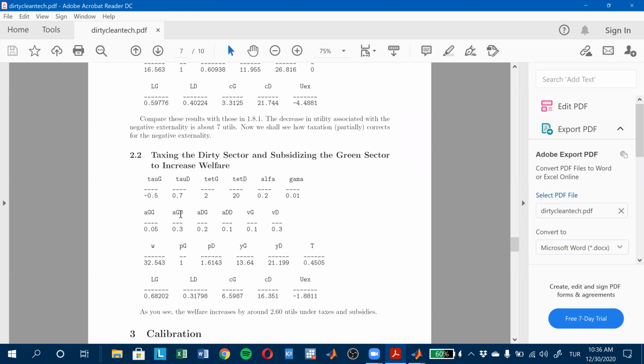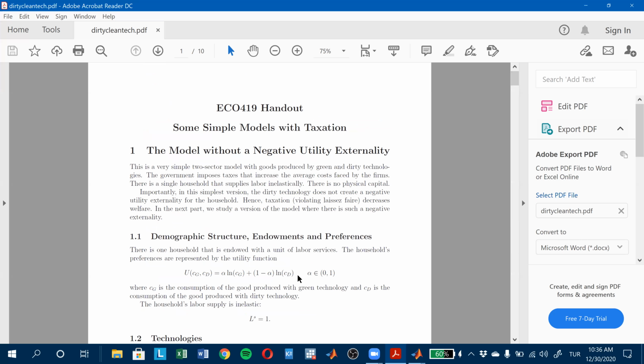The important part is that with externality, government involvement is necessary to increase welfare, right? Because now government is moving the economy from the third best to second best. First best is impossible in this framework because dirty output is positive, because there's always a demand for dirty output. Why? Because utility is logarithmic, remember. There's always a demand for dirty output.